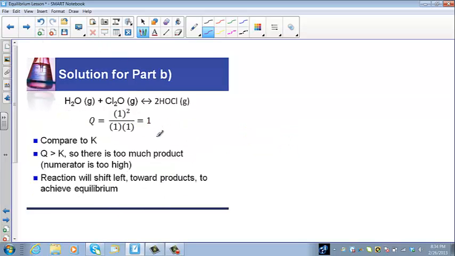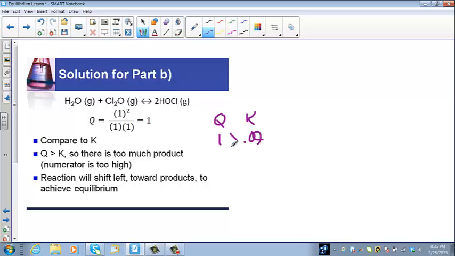In the next one, in B, they told us that each of the initial concentrations were 1. So when we compare this, our Q is equal to 1 and our K is equal to 0.09.